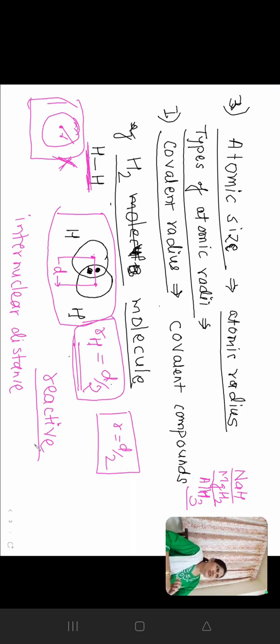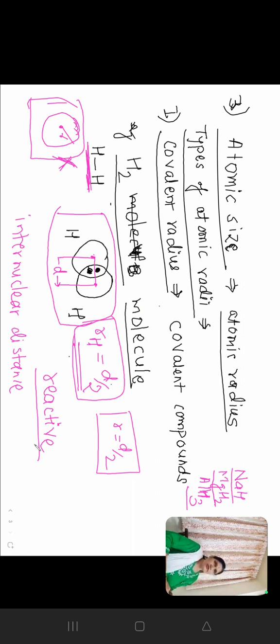One more thing, I have told you one point, that atoms are highly reactive. They do not exist in free state. Also, they don't come in the range of visible wavelength, so we can't measure the distance.